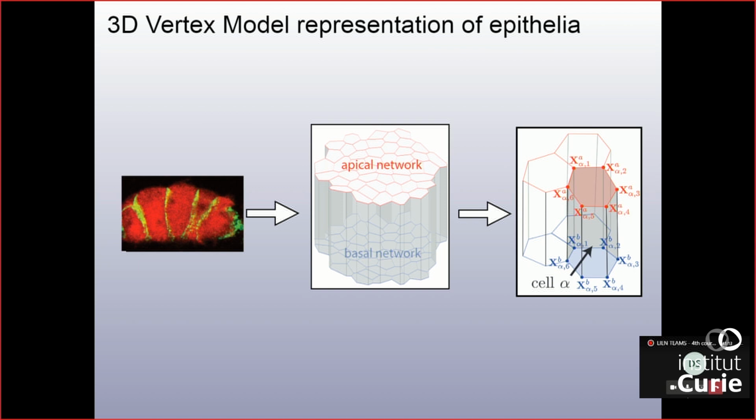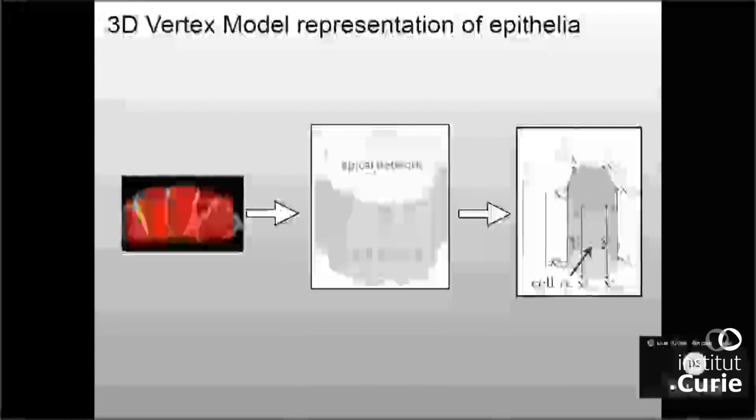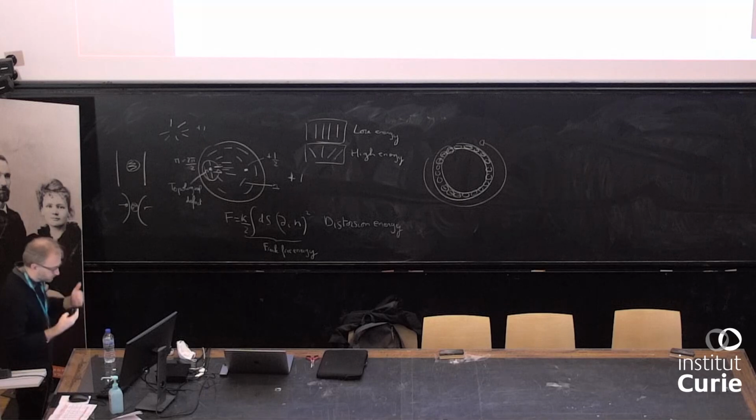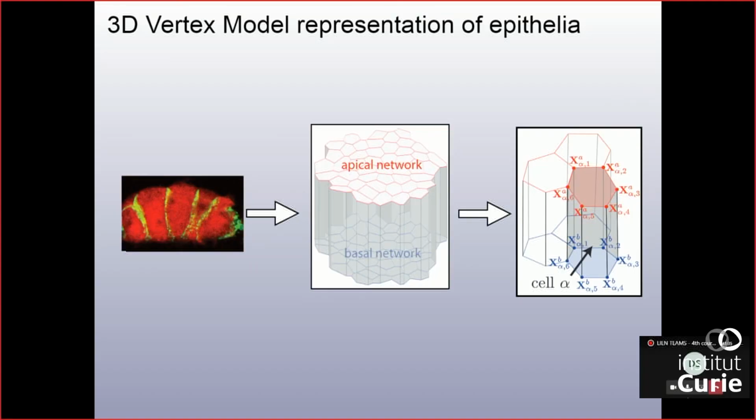It's a sort of minimal description of the geometry of a tissue, because just by giving the position of the vertices and which vertices enclose which cell, we have a simple definition of the tissue geometry. Okay, and the vertices can move in 3 dimensions so that the tissue can deform in 3 dimensions.